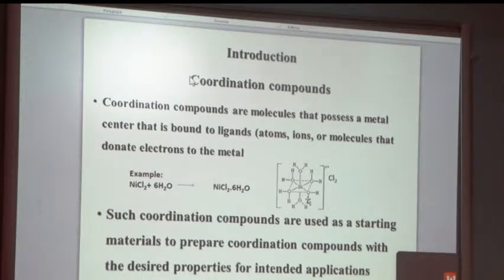In this particular case, 6 water molecules are coordinated. But such kinds of coordination compounds are not very stable, and because of this, they can be used as raw materials or starting materials for the preparation of coordination compounds by identifying appropriate ligands so that the desired property is obtained to meet intended applications.